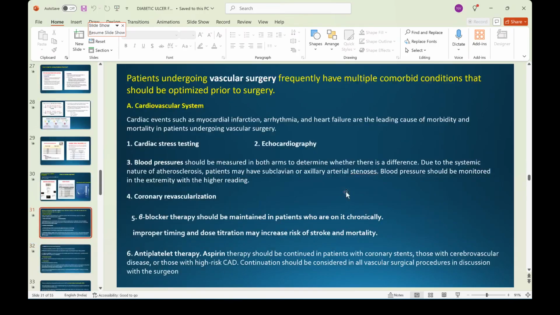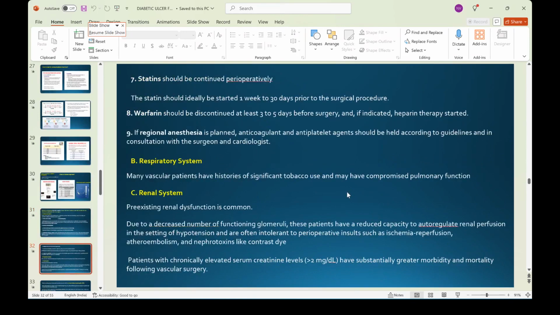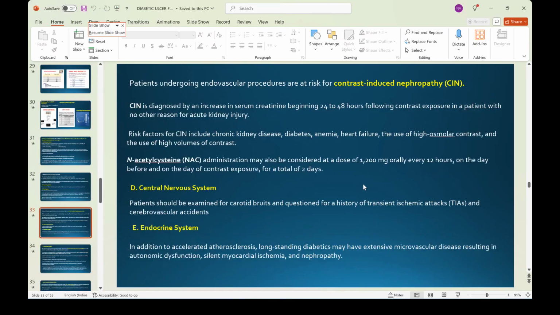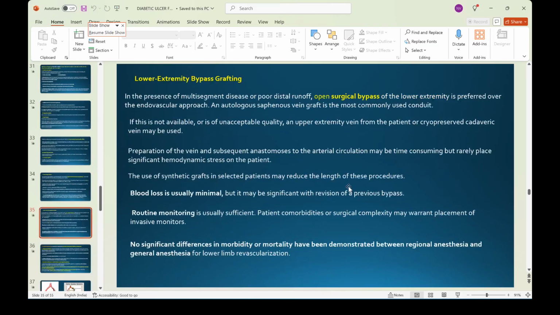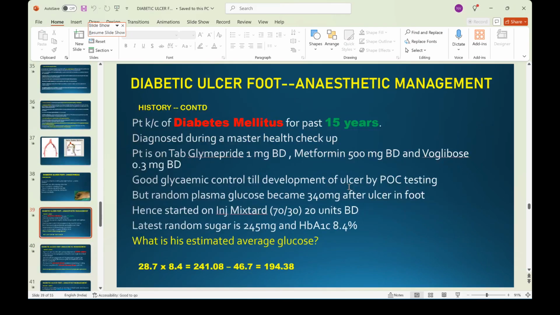And more important, continuous infusion treatment is important for vascular surgery, cardiac surgery, pregnancy, and neurological surgery patients. So this is for bypass grafting, diabetic ulcer foot anesthetic management.